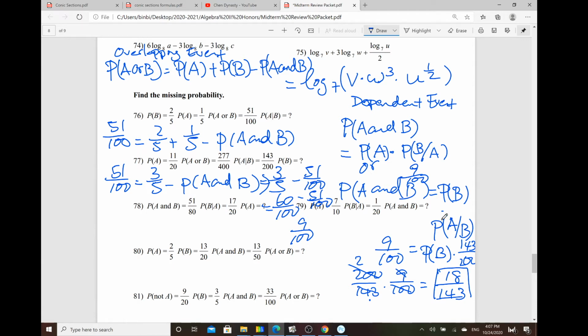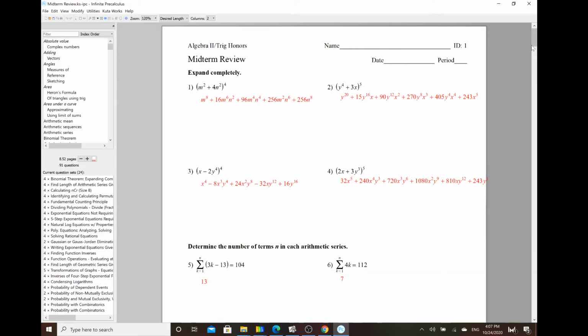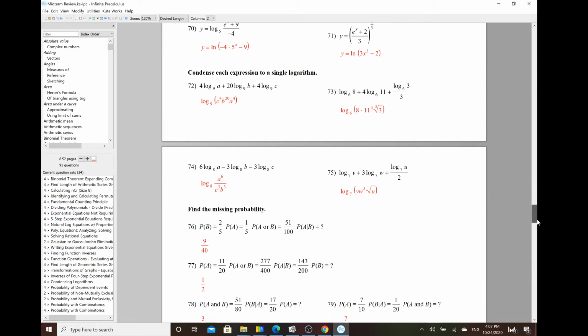Okay, so you can always check this one, 76. So let's check the solution there, 76. Wait, actually this one, if we try to reduce it, it's 9 over 40. Wait a minute.